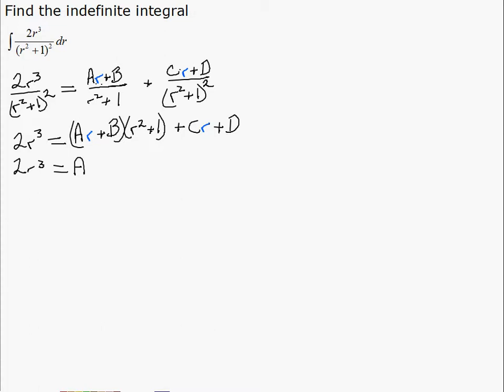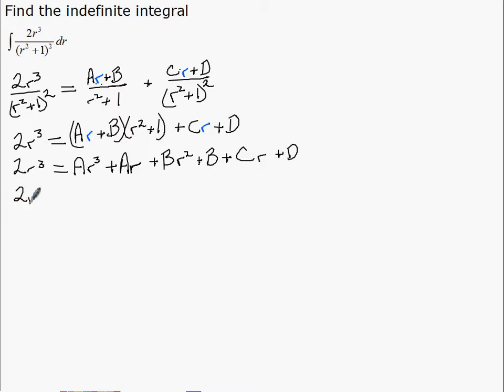There we go. So continuing, we multiply r cubed plus ar plus br squared plus b plus cr plus d.